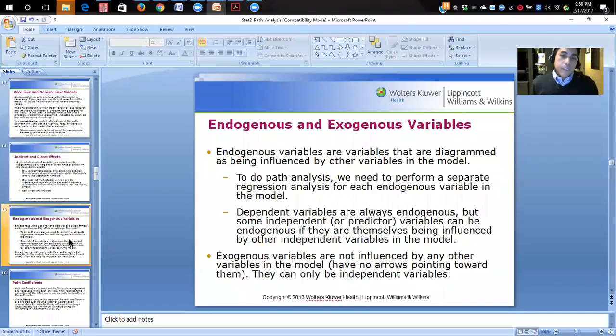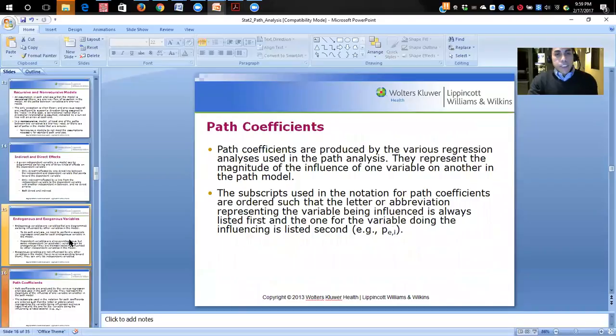They can only be independent variables. So that's what we call exogenous variables. So for the path coefficients, I've mentioned that we always remember the correlation coefficients and think about the strength and magnitude of the linear relationship.